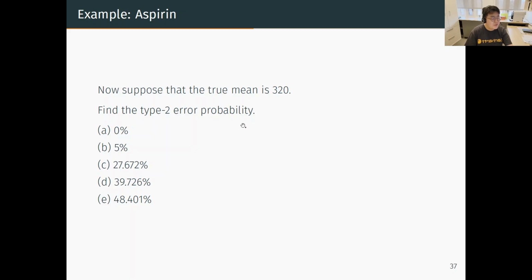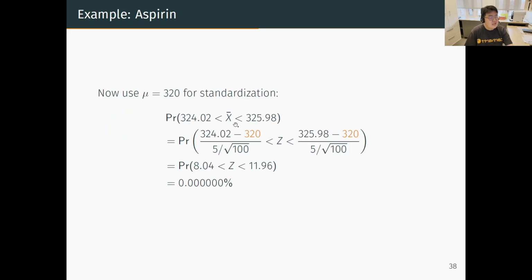Okay, so let me turn the page. It is just another standardization. Standardize with 320, because now the center is 320, not 324. So you use this number here. And then after standardization, the probability is between 8 something and 11 something, nearly 8 to 12.